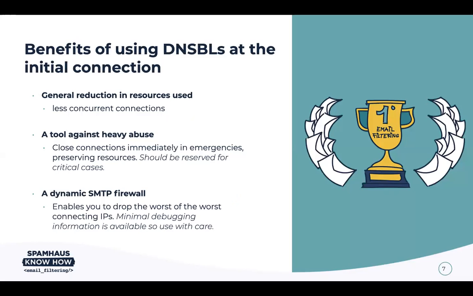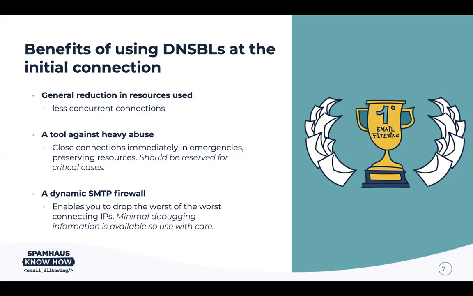In total, there's a big reduction in the amount of resources that you use, the amount of concurrent connections that you have open, and it's really a tool against the heavy abuse, where you say, okay, like the IPs that are on the PBL, you really don't expect any legitimate mail coming from there in any case. And conceptually, it's actually best to think of it as a dynamic firewall for SMTP, because it really keeps the worst of the worst outside of the door.